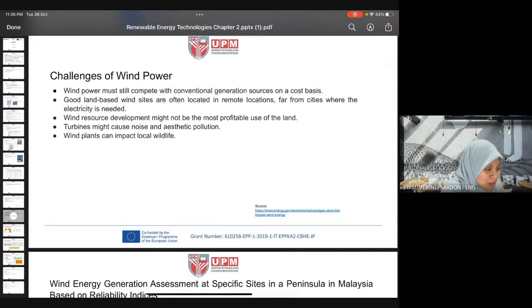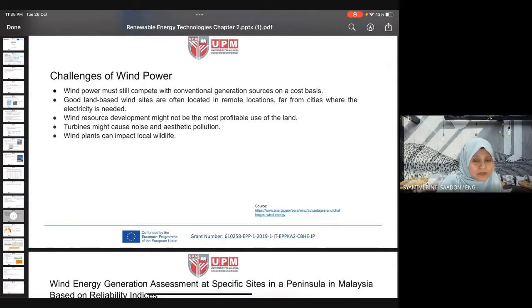Turbines might cause noise and aesthetic pollution. So there's also noise impact. Wind plants can impact local wildlife. Birds especially, since the turbine has to rotate to generate power.